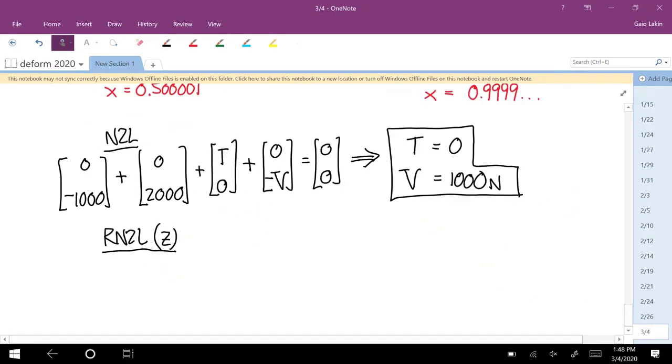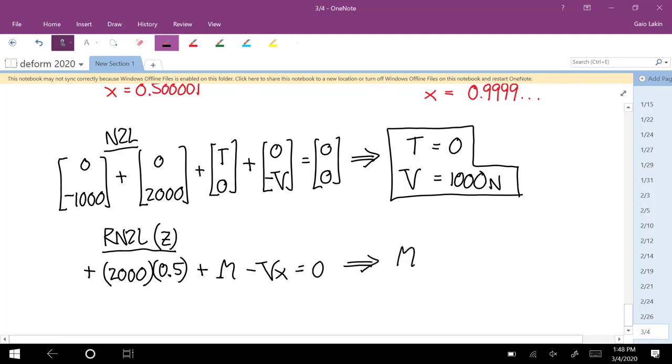And that would be a counterclockwise moment. So we have positive 2,000 times 0.5. And then the only other ones are the M and the minus Vx is equal to 0. And so our function for M is 1,000x minus 1,000.